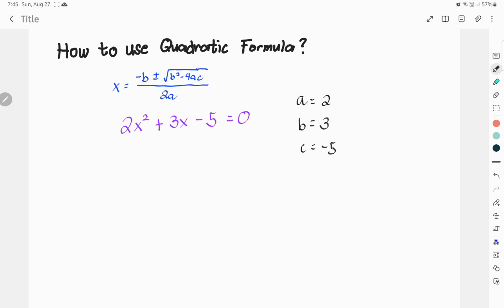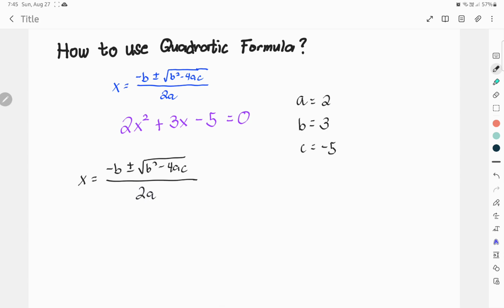Now, let's start using the quadratic formula. Let's set it up. x would be equal to negative b plus or minus square root of b squared minus 4ac, all over 2a.